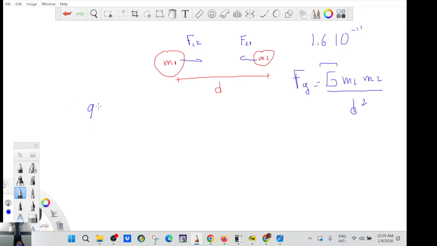So if you have a charge Q1 and a charge Q2, if one is negative and the other one is positive, they're going to attract each other. The force will be the same in magnitude because for every action you have a reaction, and it will be exactly the same format. So here you need what?